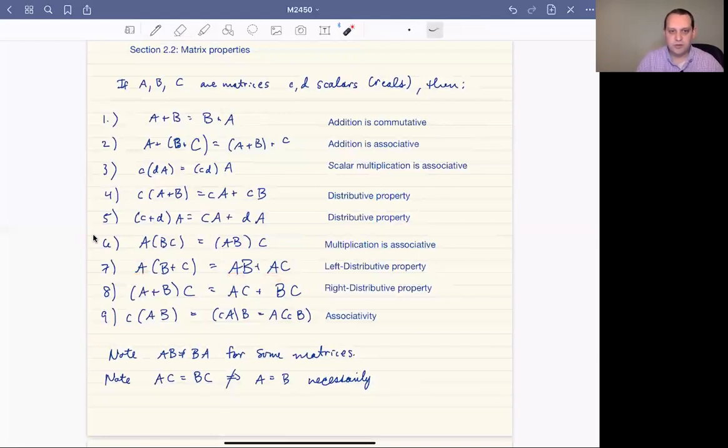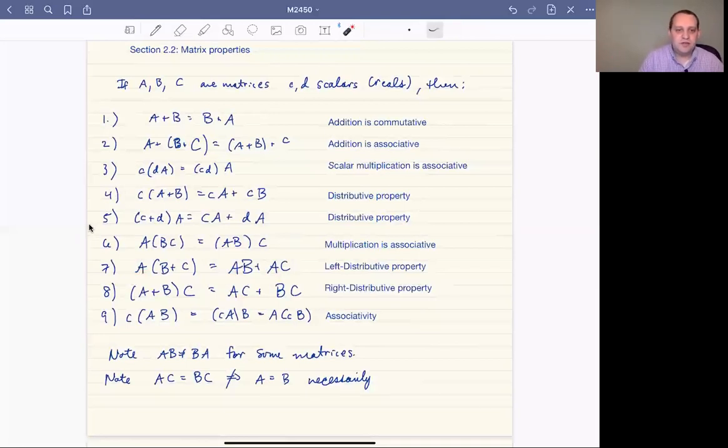So if A is on the left to begin with, then A is on the left after you distribute. Likewise, if you have A plus B times C and C is on the right, then after you distribute, C is still on the right. So you have to keep track of the order that you're multiplying the matrices in order for these distributive properties to hold.